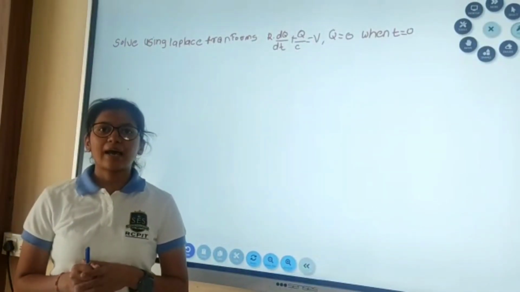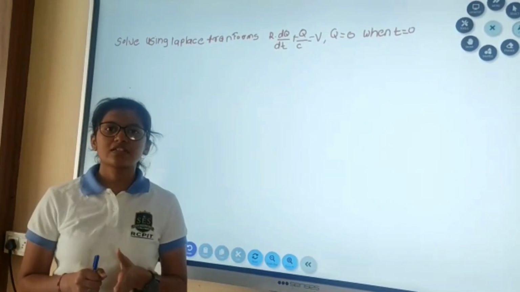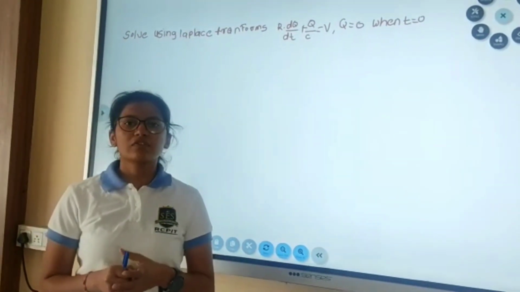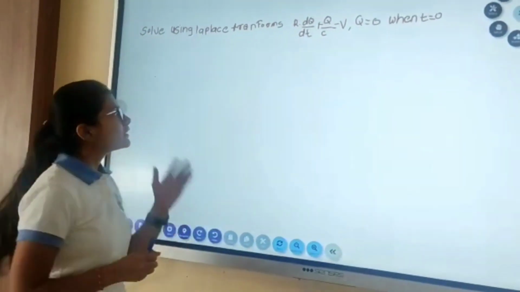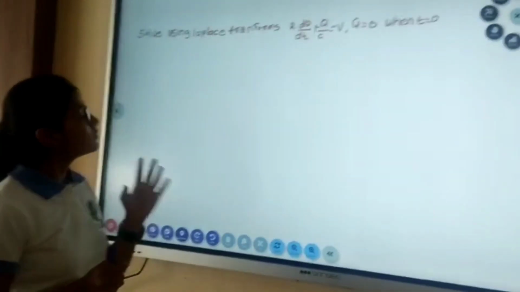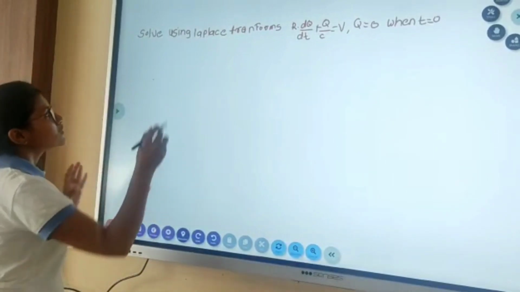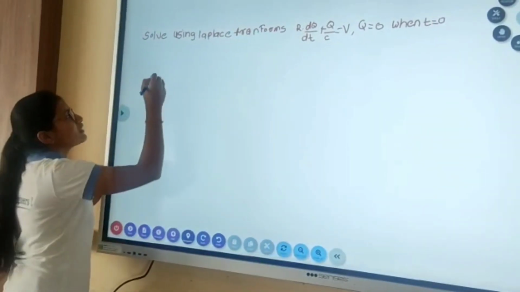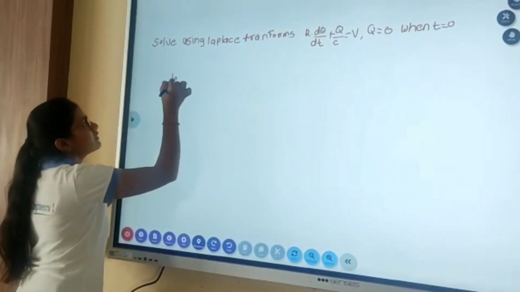And here we see the application of Laplace transform in which we will solve the RLC circuit. So first we will take the RLC circuit. This is a question which we have to solve using the Laplace transform. So in this question first we will take the Laplace on both sides.